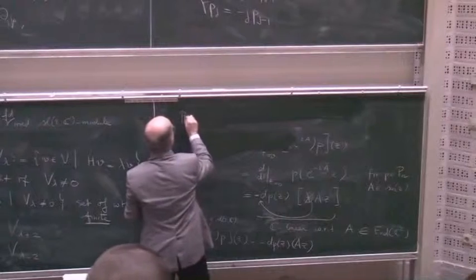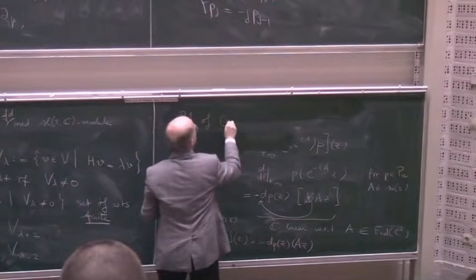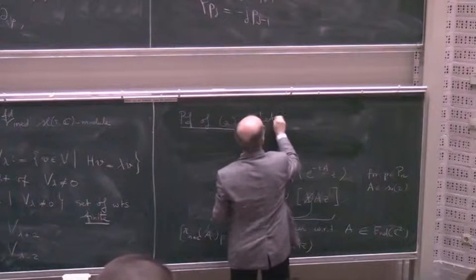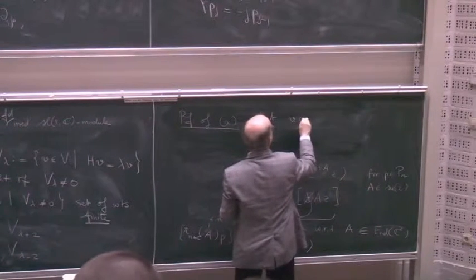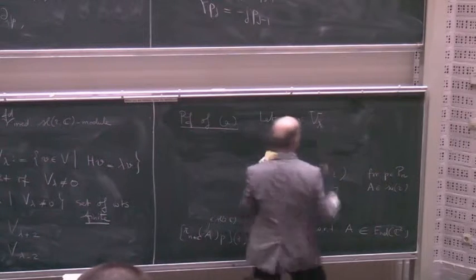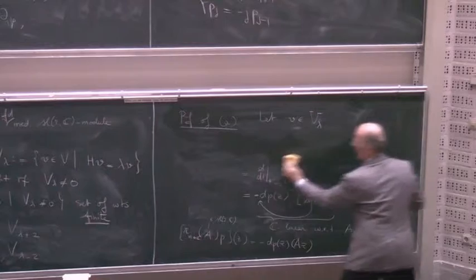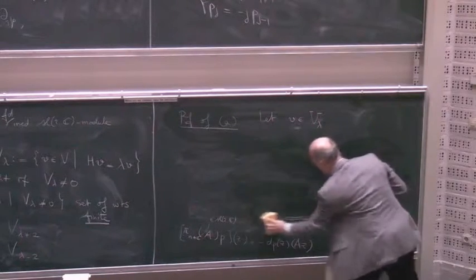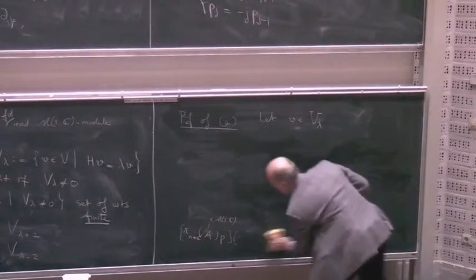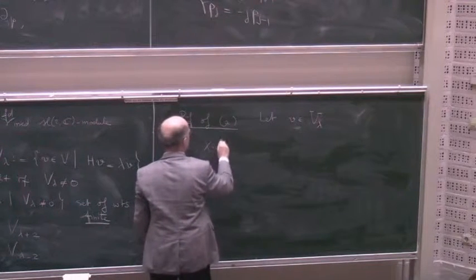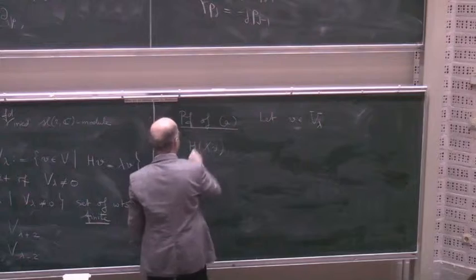Proof of A. Let V be an element of this weight space. Now I want to show that if I apply x to V, then it should be in this next weight space. So consider x applied to V and then apply H to it.